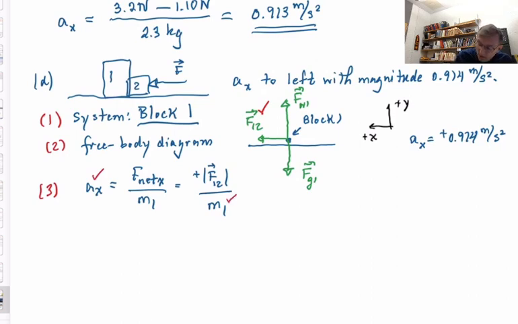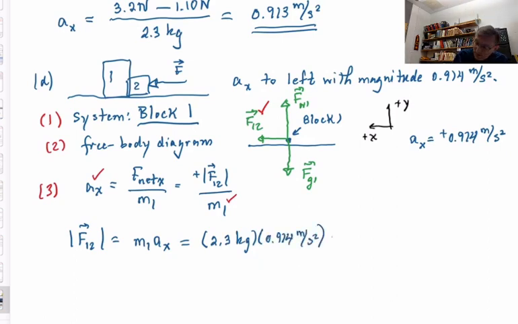So I solve for F12 algebraically. F12 equals m1 times a sub x. Notice it's F12 that is responsible for block 1's acceleration. And block 1 has more mass than block 2, doesn't it? m1 is 2.3 kilograms. a sub x is 0.914 meters per second squared. You multiply that out, you get 2.1 newtons.